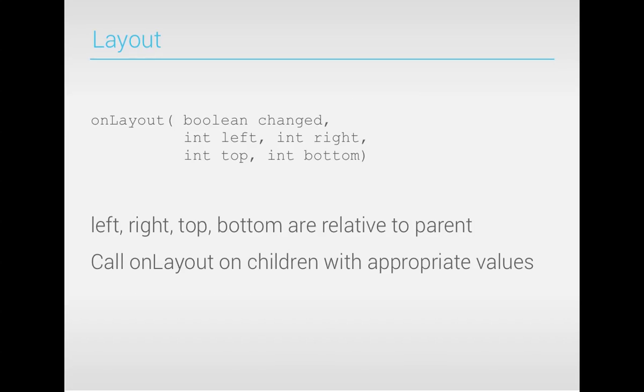Then we talk about layouts. It's measure, layout, draw. So layout says, this is where you're going to go. The first parameter in onLayout, which is the method that you'd override, is changed, whether this is a new value or not, and then you get left, right, top, and bottom. Basically, you're told, here's your space.